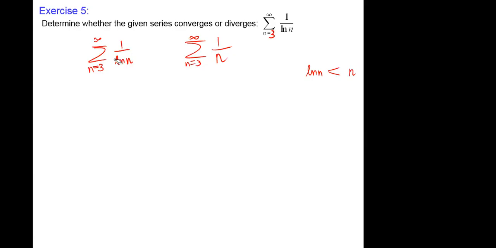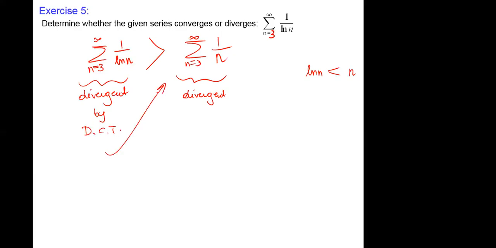If the denominator is smaller, the whole fraction is bigger. And now we do have harmonic, divergent. Everything that is bigger is also divergent by direct comparison test, and we are comparing with 1 over n.